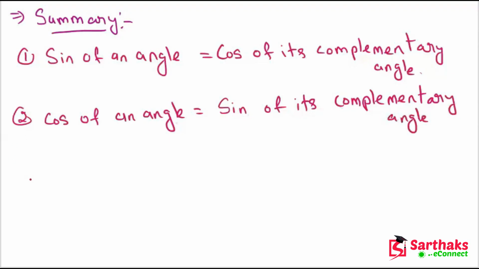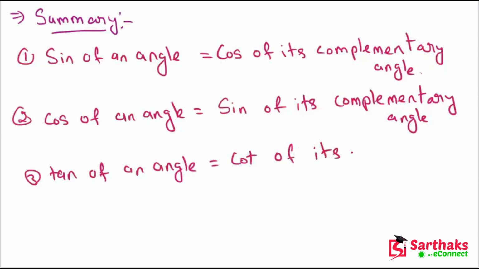And the third and last point is: tan of an angle is equal to cot of its complementary angle. I hope you understand this.